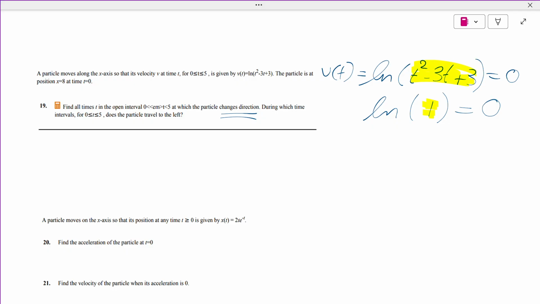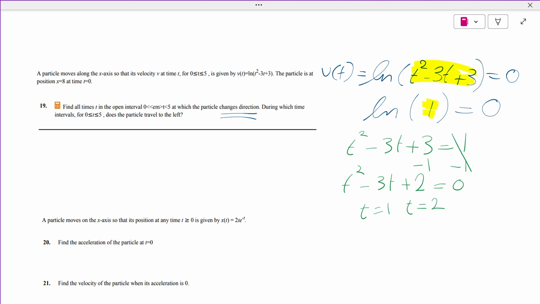So you have to set them equal to each other. t squared minus 3t plus 3 equals 1. Minus 1 on both sides. t squared minus 3t plus 2 equals 0. So you get the t values now. The t values are going to be 1 and 2.